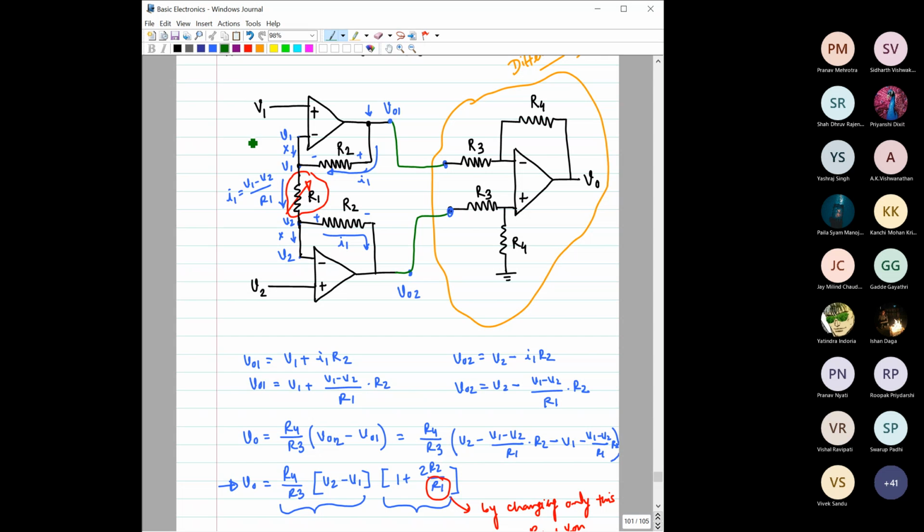So for that, let us see what is the input resistance for this source. This V1 is directly connected with the non-inverting terminal, so the input resistance here is infinite, right? Similarly, V2 is connected directly with the inverting terminal. This op amp is ideal, so this input resistance is also infinite.